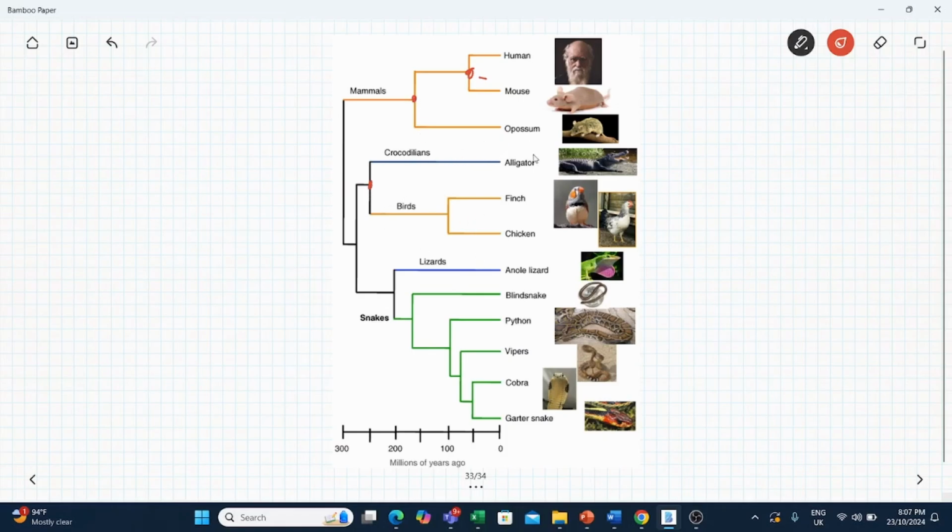And what this tells us is alligators are more closely related to birds than they are to snakes, because the crocodilian and the bird had a common ancestor roughly 250 million years ago, whereas the snake and the crocodile had a common ancestor just a little bit further back, maybe like 270, 280-ish million years ago. So that's how we build phylogenetic trees, and we can see evolutionary relationships between one organism and the next.